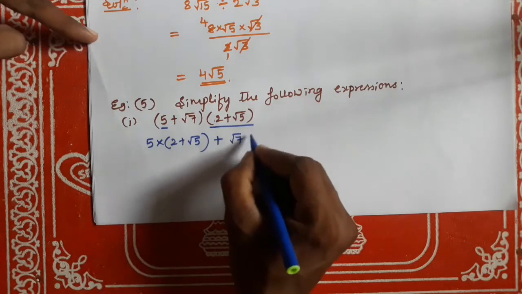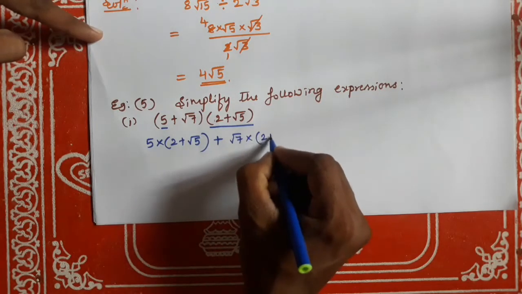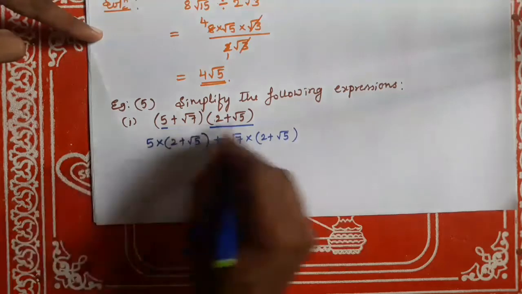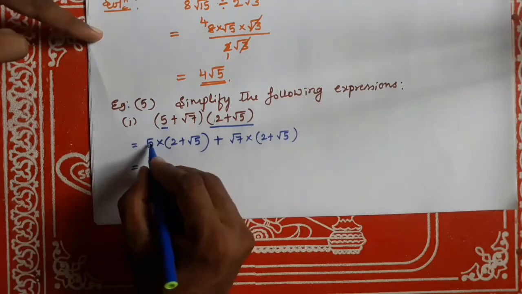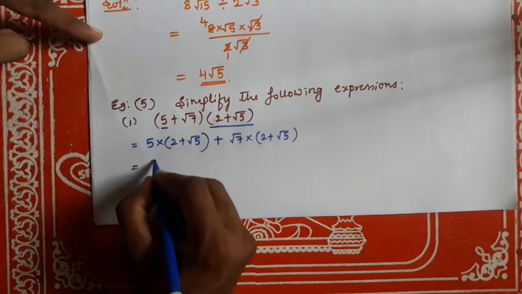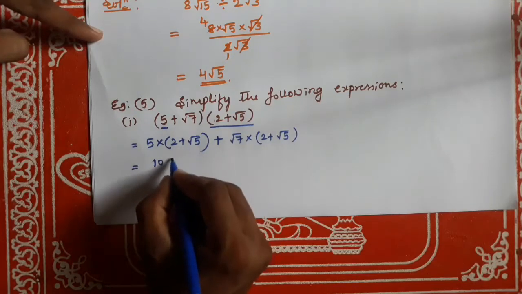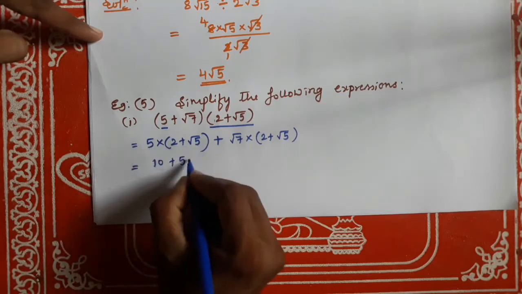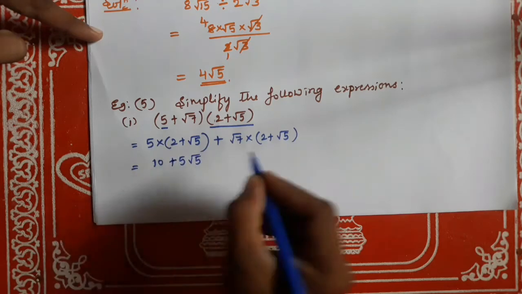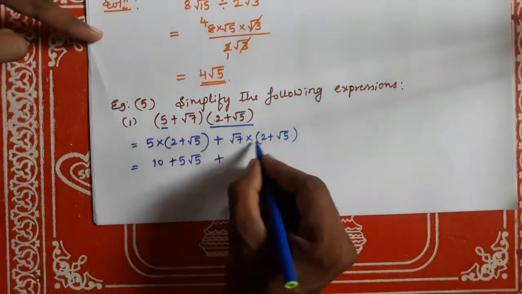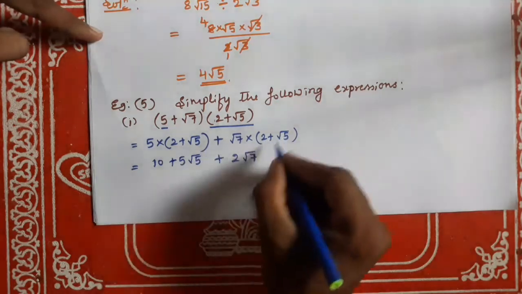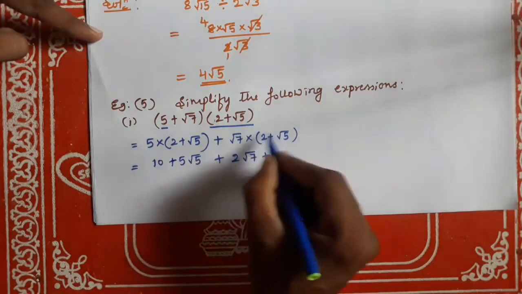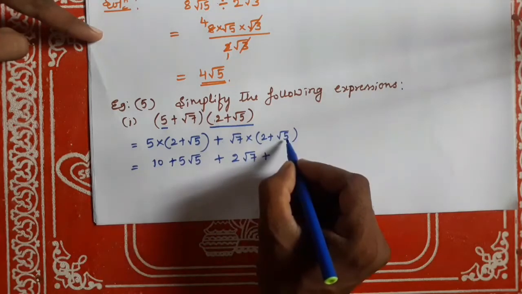It can be written as 5 twos are 10, plus 5 root 5, plus root 7 into 2 is 2 root 7, plus root 7 into root 5.